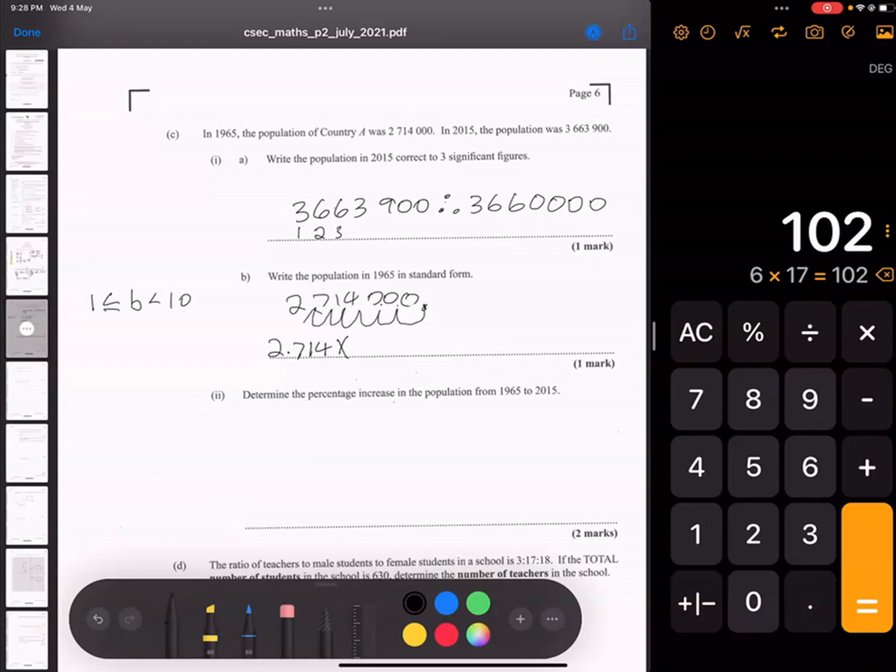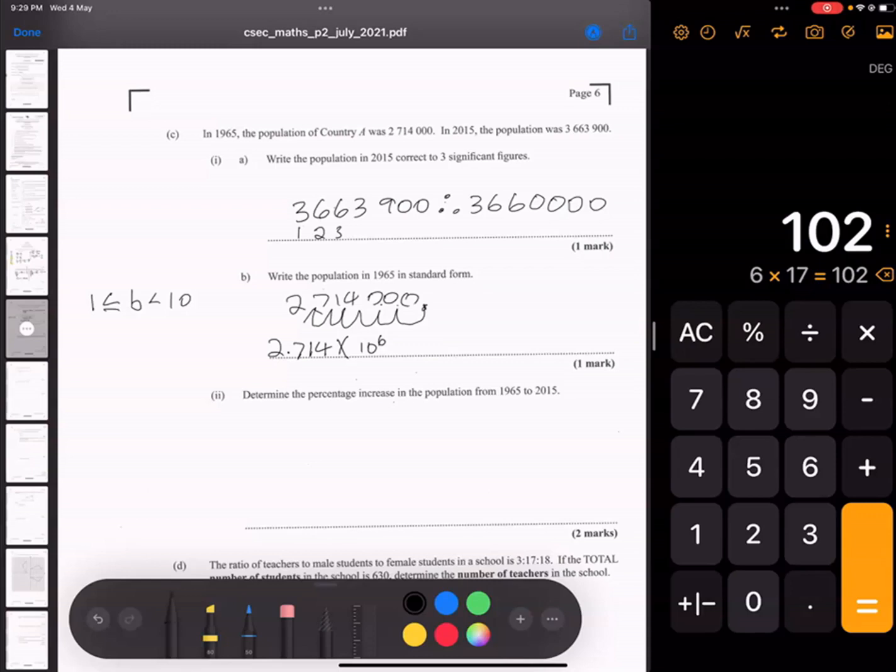So we jumped a total of 6 times. That means that our 10 is going to be at the power of 6. So this is how we will write our standard form, our final answer, 2.714 multiplied by 10 to the power of 6. All right. So let's continue.